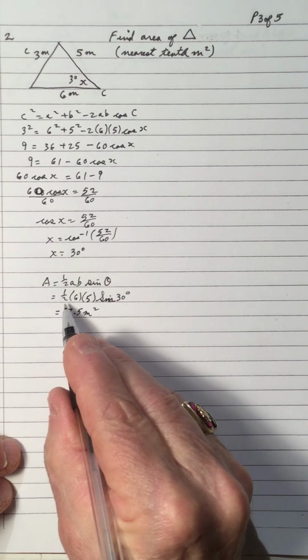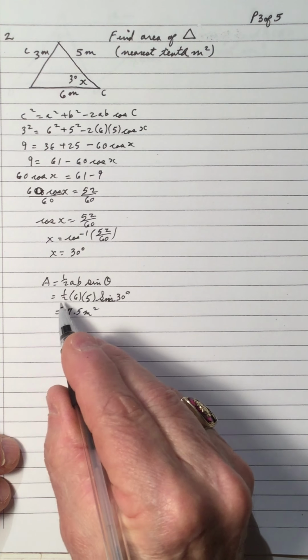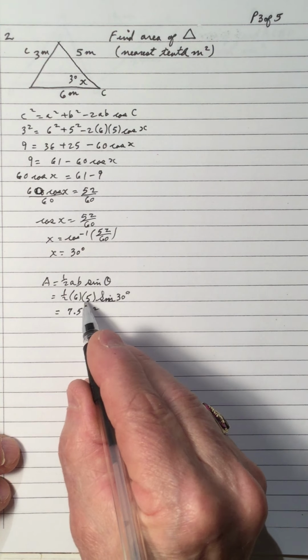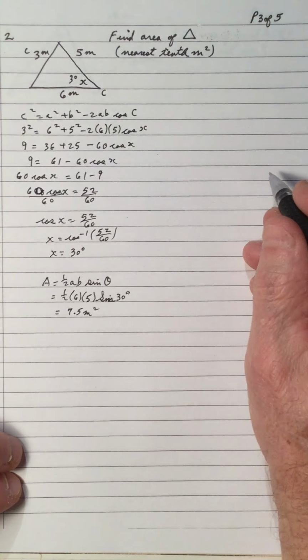You plug it into a calculator: 0.5 times 6 times 5 times sine 30, you'll get 7.5.